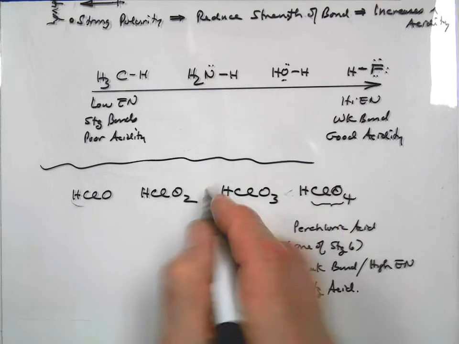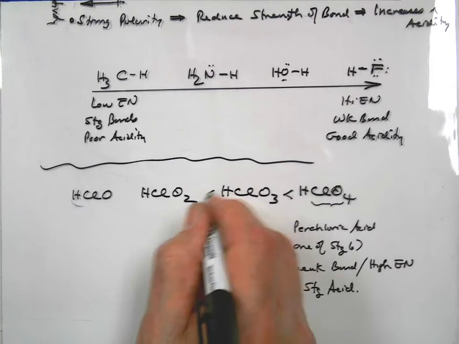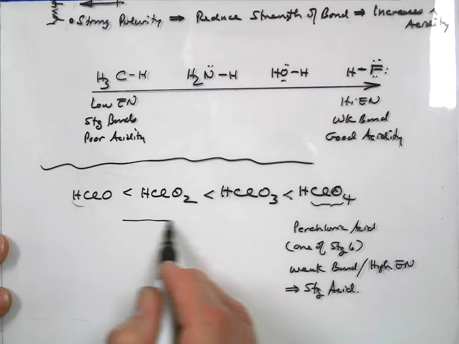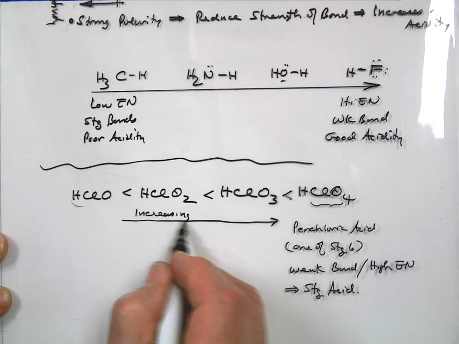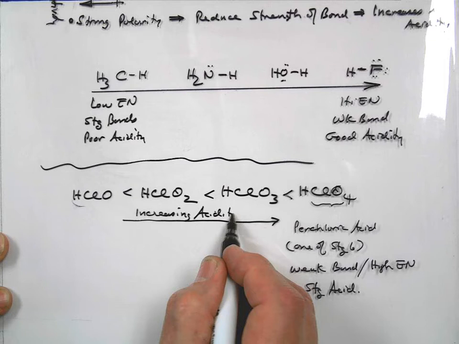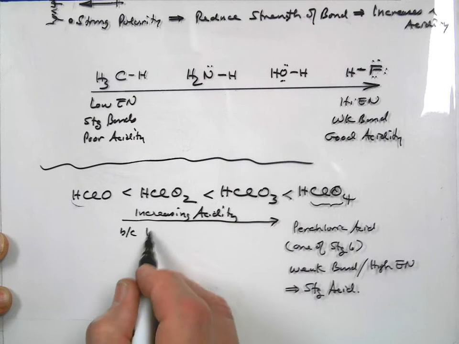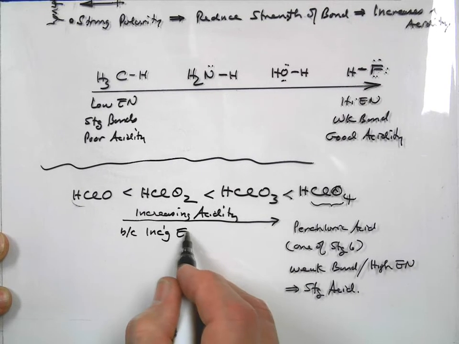So we have increasing acidity from left to right because of increasing electronegative character.